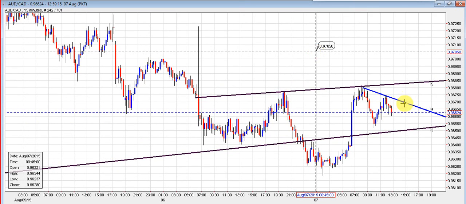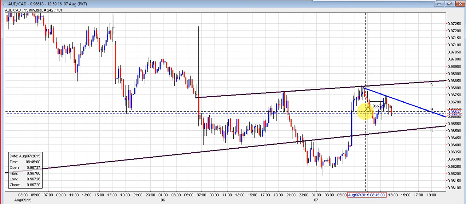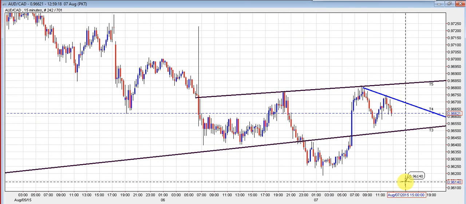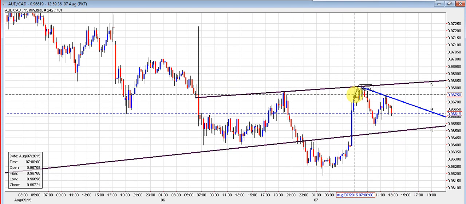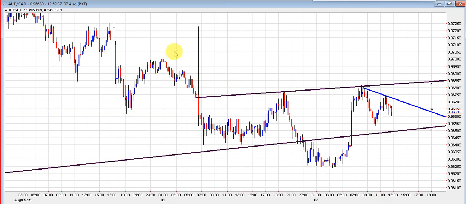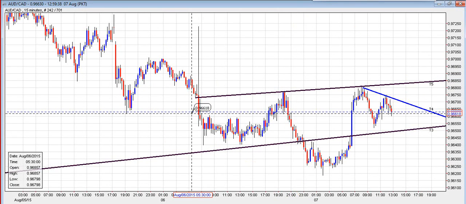Now, is there anything distinctly that you see out here in terms of formation or in terms of pattern on this chart? Anything that you can make of? Yeah. It's like a channel. This is a channel. Yeah, right? All right. But do you see any formation or a pattern?